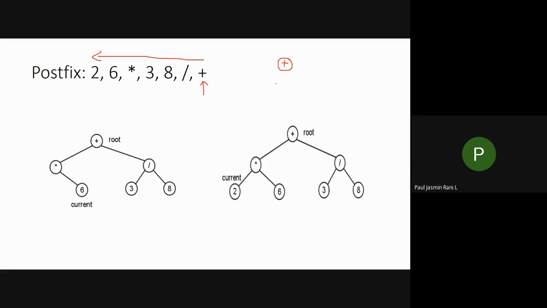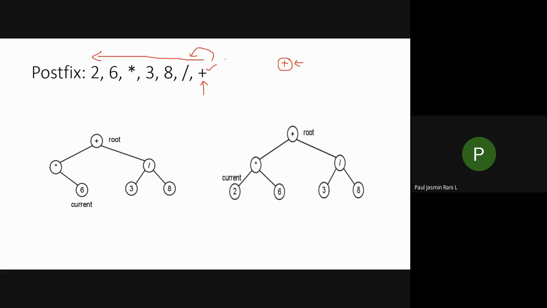So first I constructed this plus. If it is an operator, I created a node. The creation of the node is over, and I mark this one as your current node. This is your root node as well as your current node. So this plus is over. Next I move on to your division operator, that is slash.